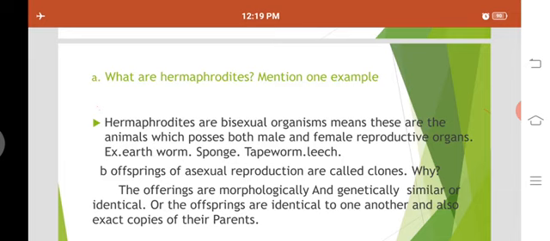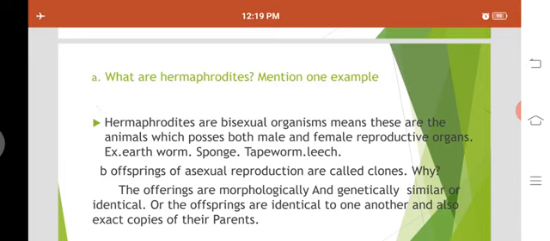In the same individual, both male and female reproductive structures are present. Such animals are called bisexual, or the monoecious condition, also called hermaphrodites.